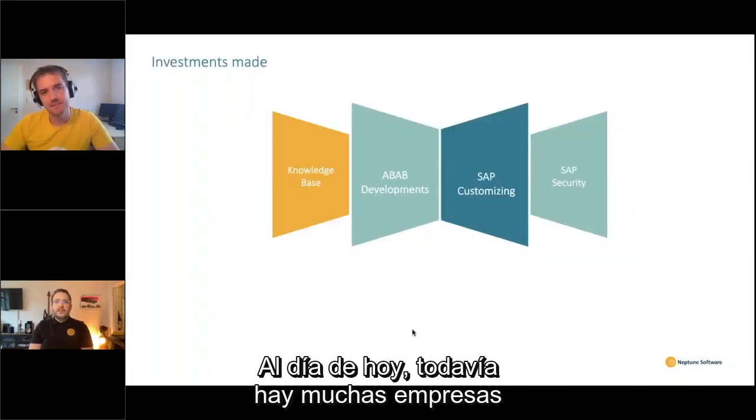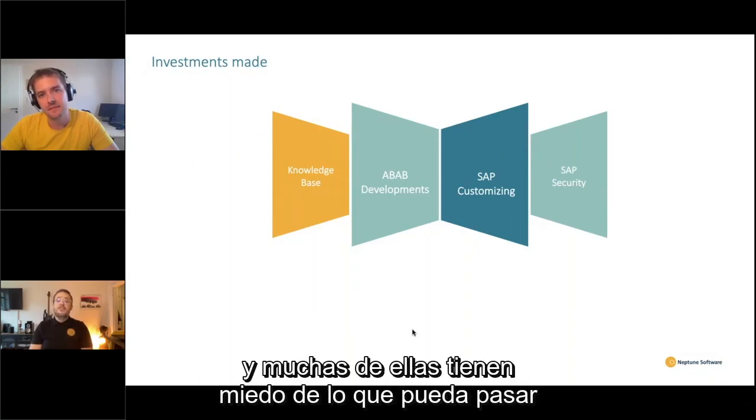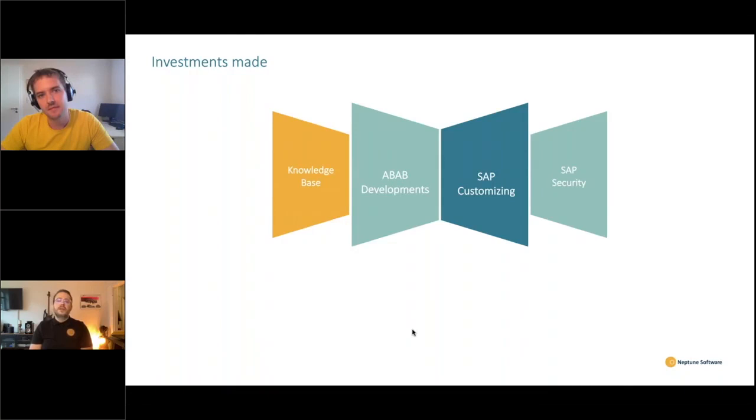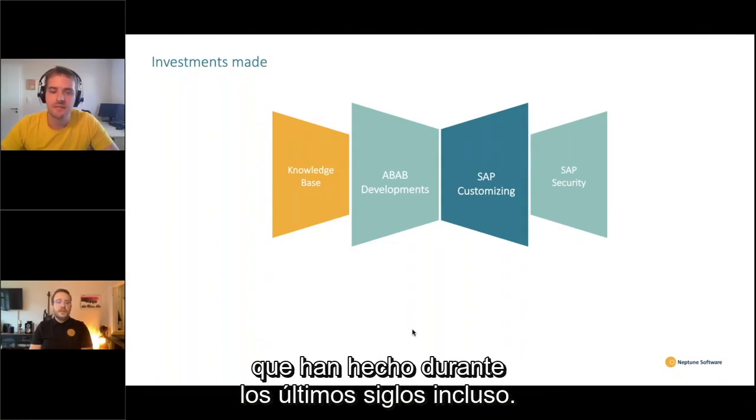To date, there are still a lot of companies that have not started the digitalization process, and many of them are afraid of what will happen to their mostly gigantic investments made over the last sometimes centuries, actually.